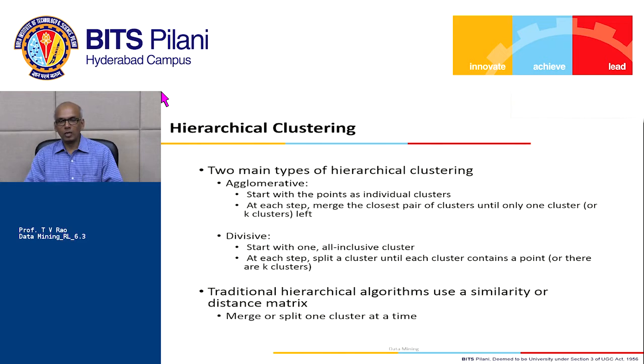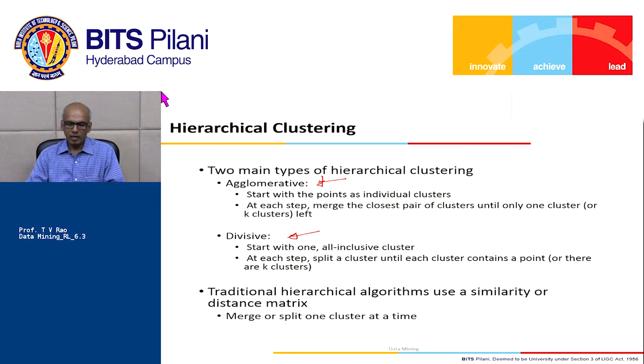Two broad approaches within hierarchical clustering are, one, agglomerative, where we are merging the clusters to create the hierarchy, and the other, divisive, where we start with an all-inclusive cluster and split at every point till we reach a sufficient level of quality.